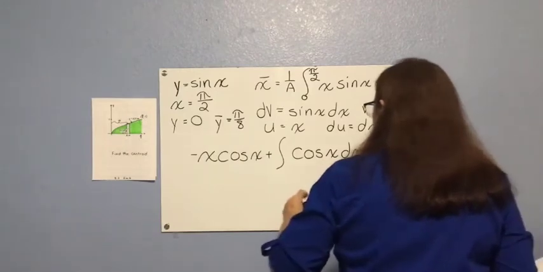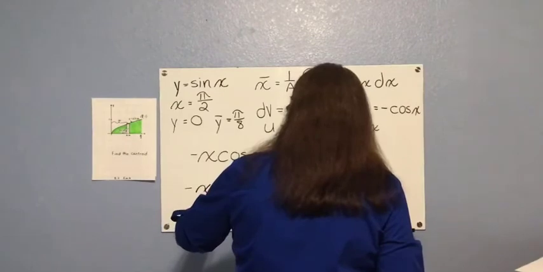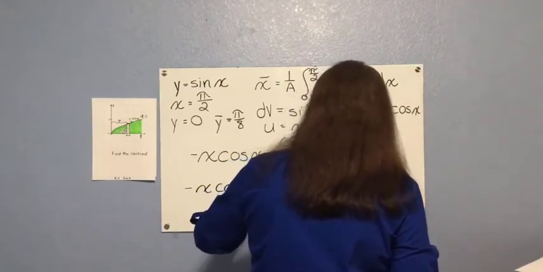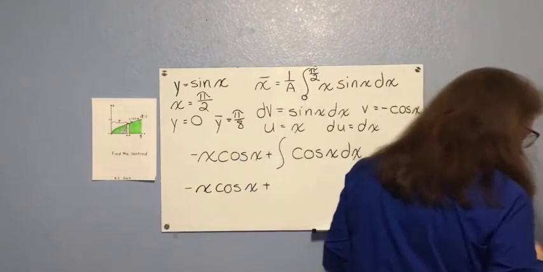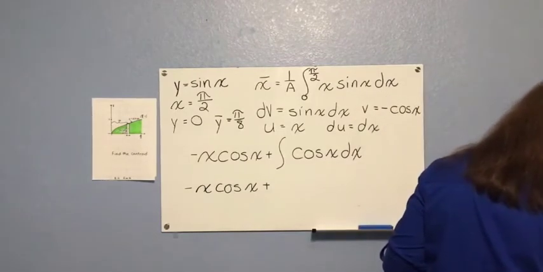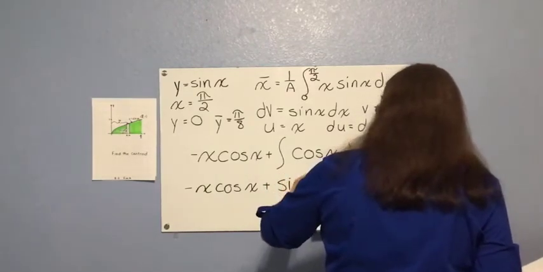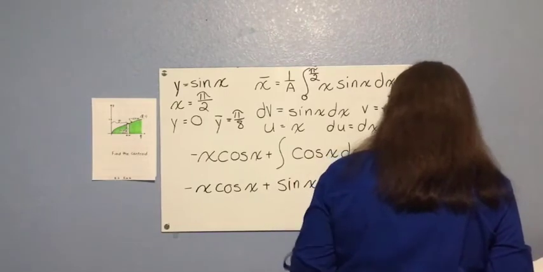And of course, the integral of cosine x dx would be sine x plus a constant.